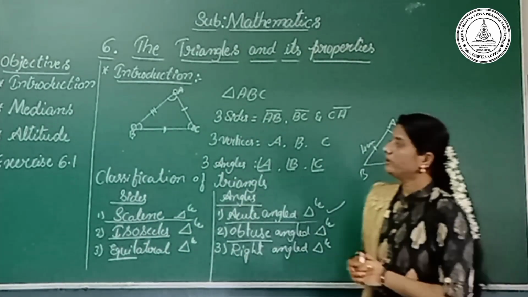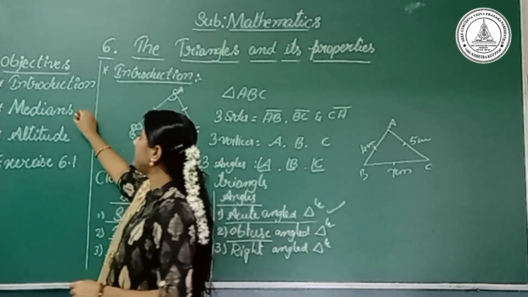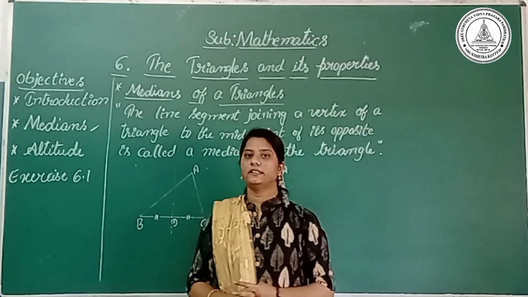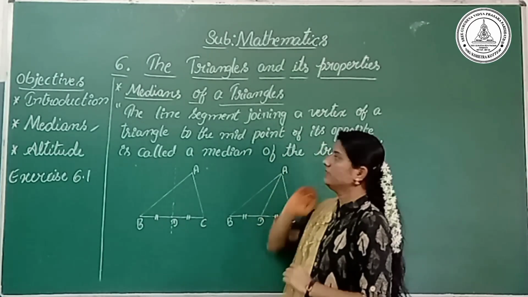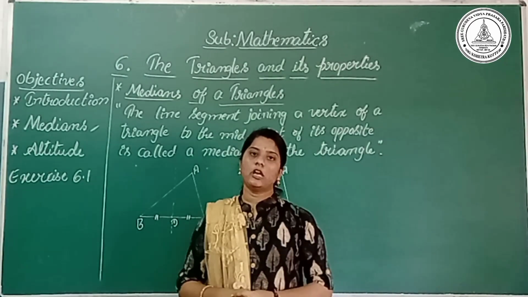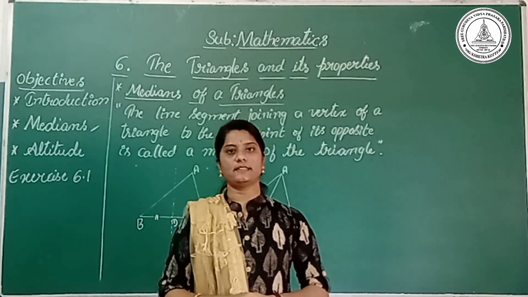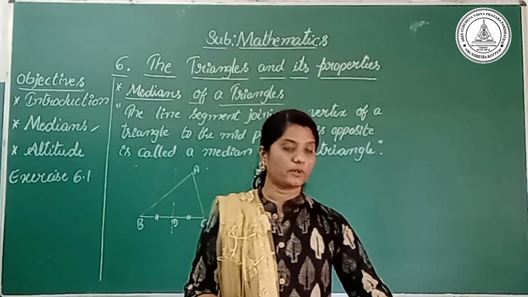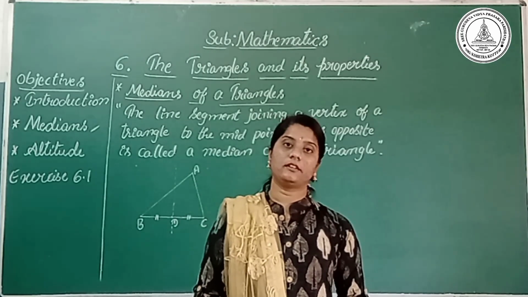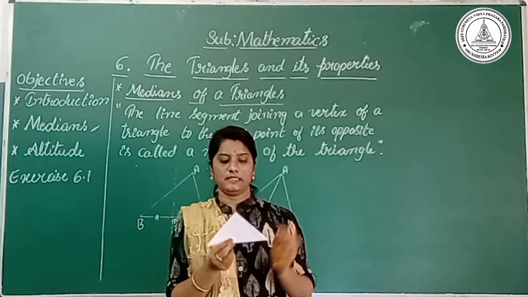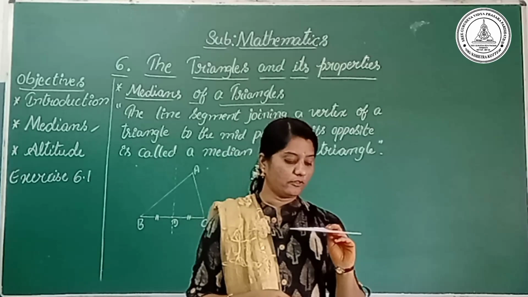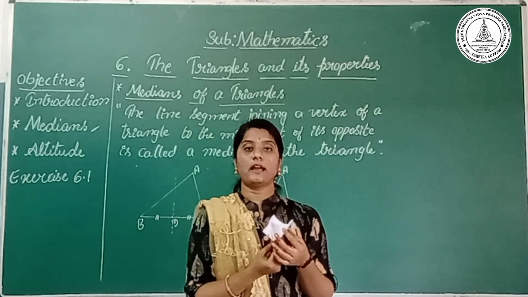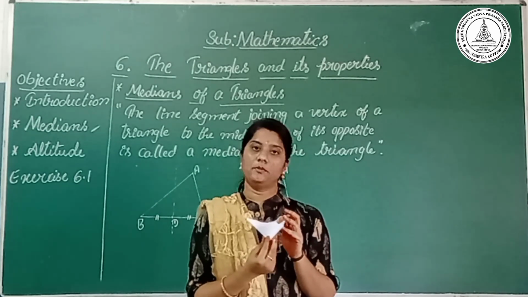Okay, then let's move on to the second concept, medians of a triangle. Yes, dear children, the next concept is medians of a triangle. In the 6th standard, you have learned how to draw a perpendicular bisector for a given line segment. Now you have to take a paper sheet and cut a triangle ABC like this. By folding the paper sheet, you may also find the perpendicular bisector.